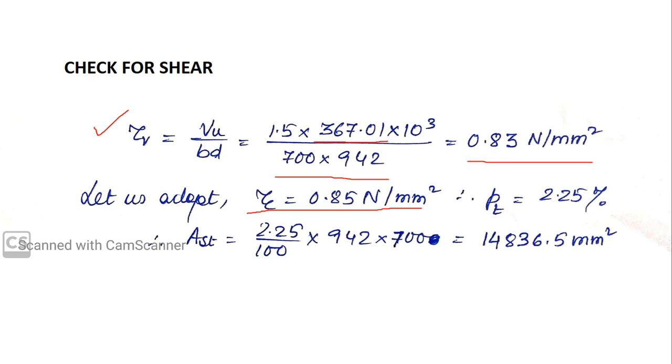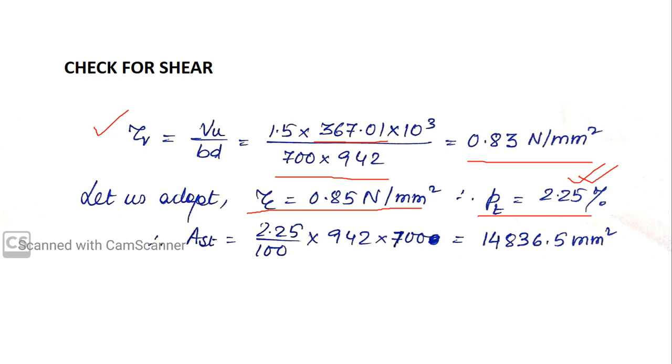Now note that this value is adopted from table number 19 of IS 456-2000, and from the same table I get to know that the percentage of steel required for tau c equal to 0.85 is 2.25 percent. This percentage is higher than the one which we obtained from bending moment, right?